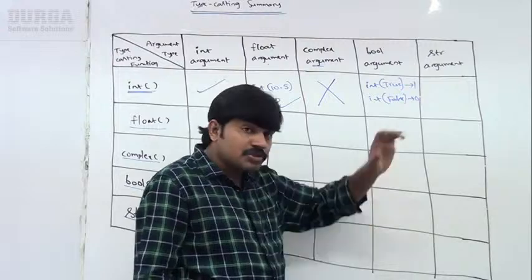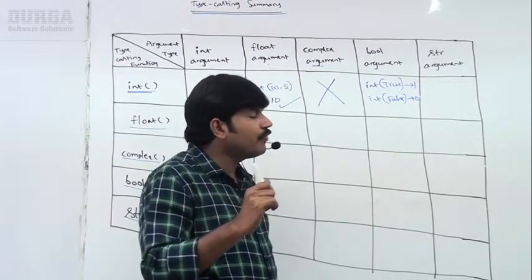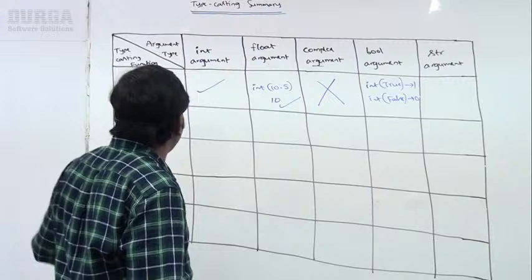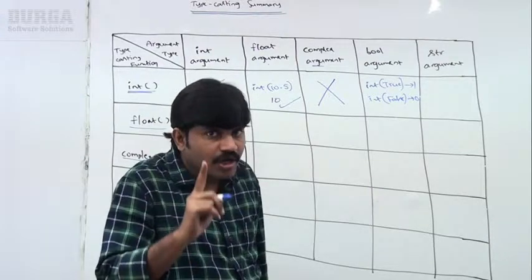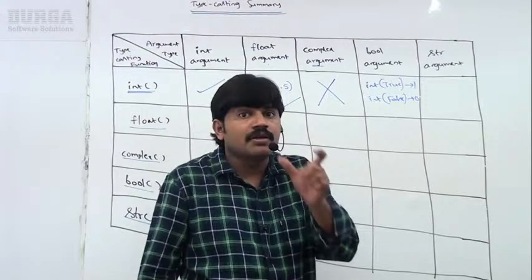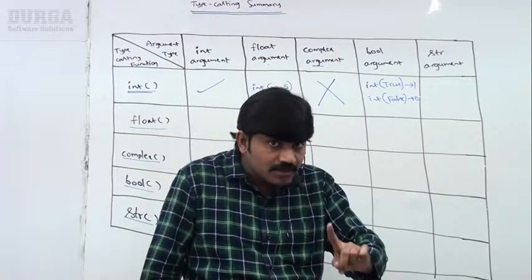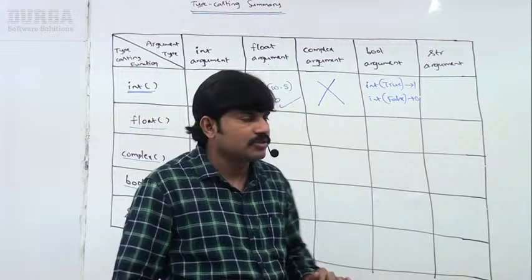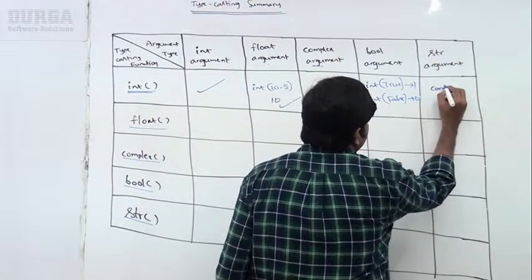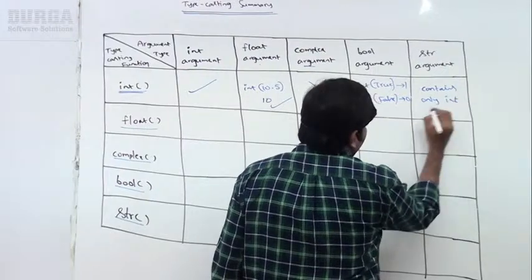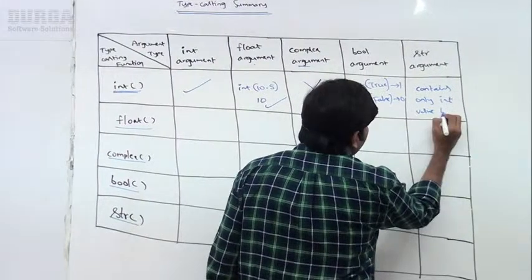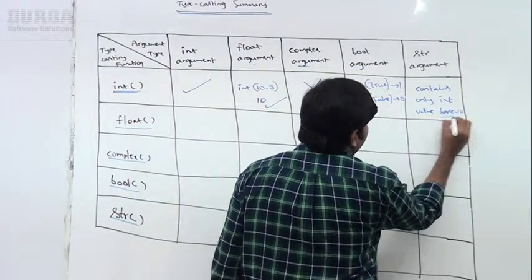Next, string arguments are very important. If you are passing a string argument to the int function, the string argument compulsorily should contain an int value only and should be specified only in base 10. So it internally contains only an int value, and base 10. This is very important, sir.